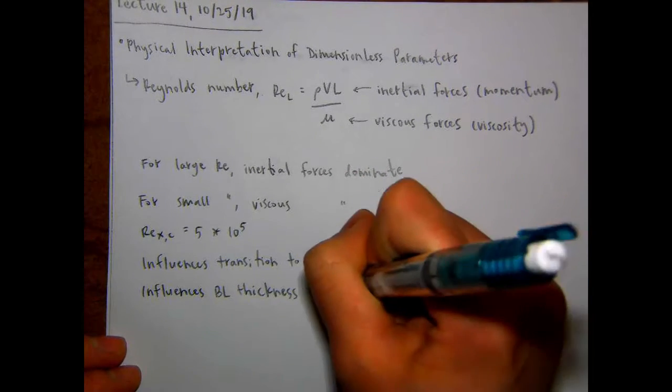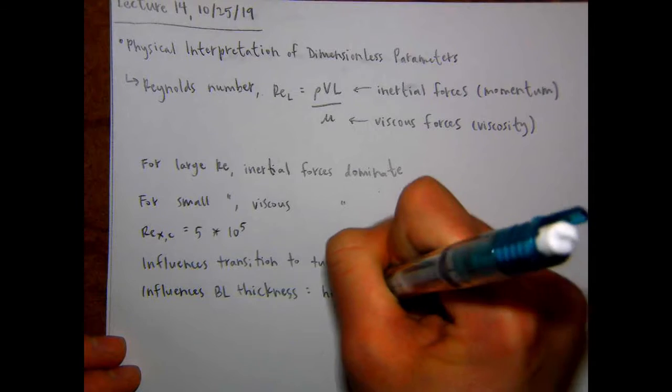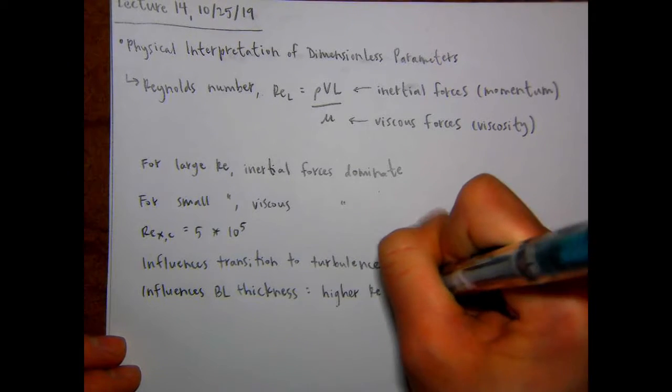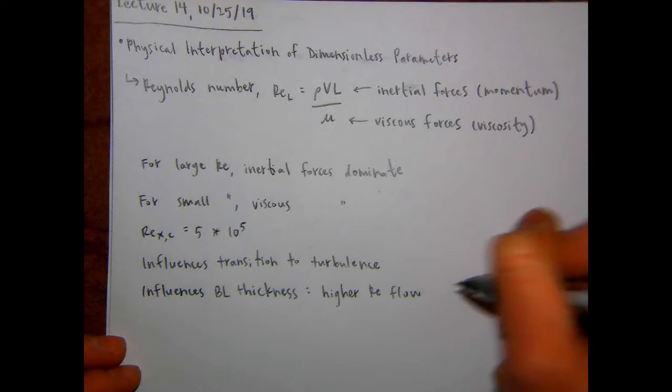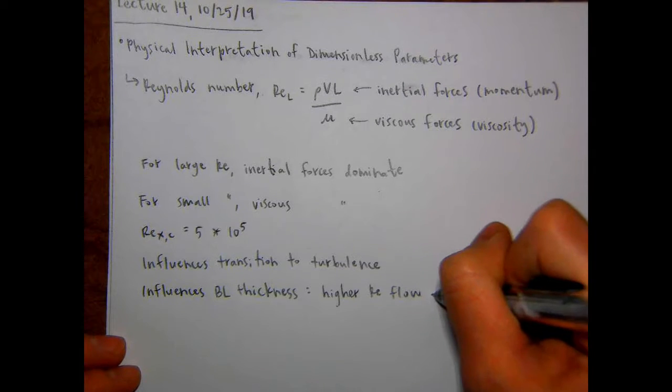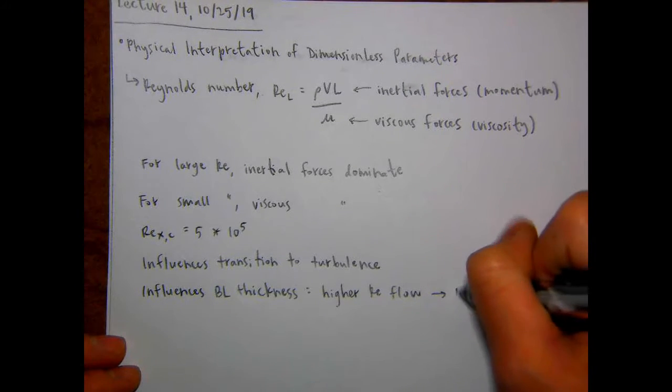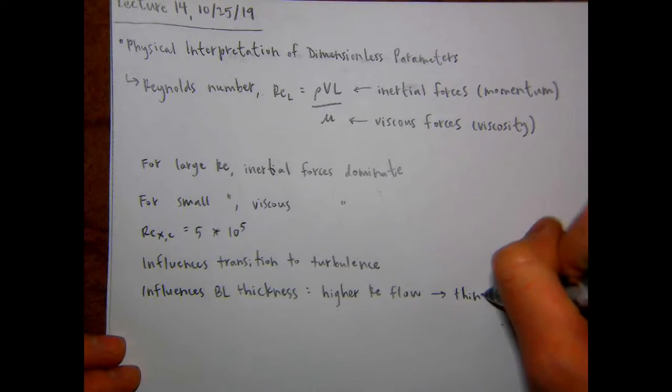If you have a higher Reynolds number flow, it tends to cause a thinner velocity boundary layer.